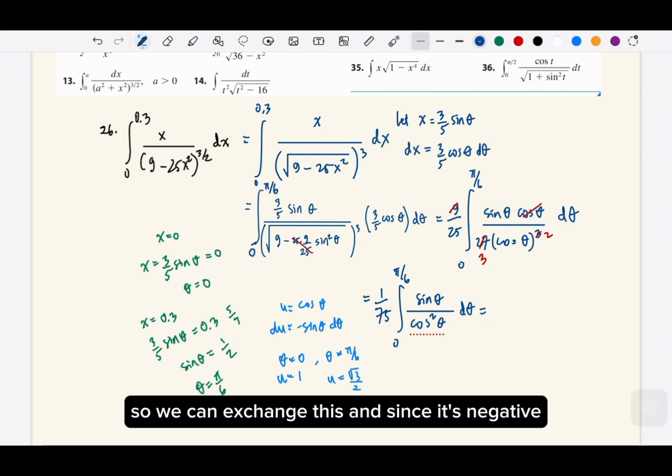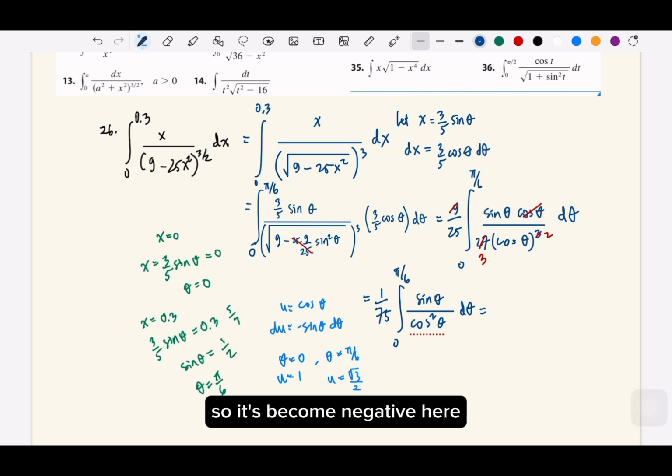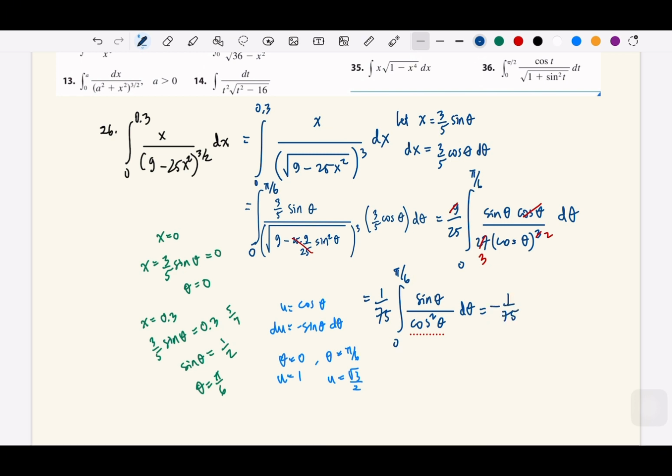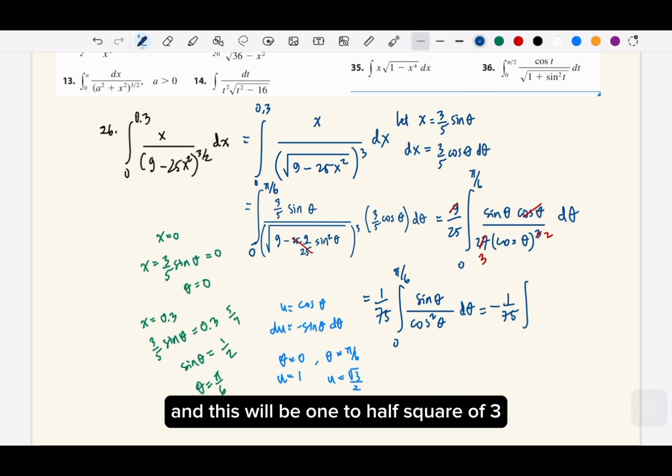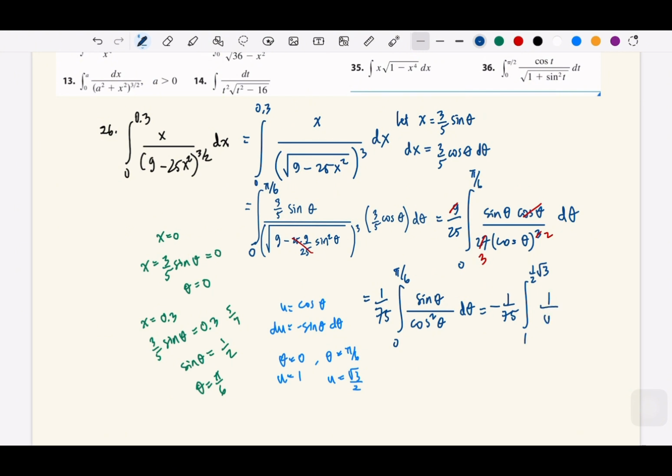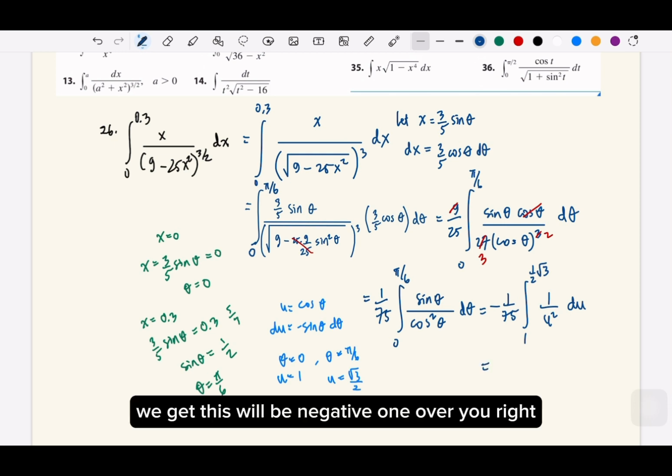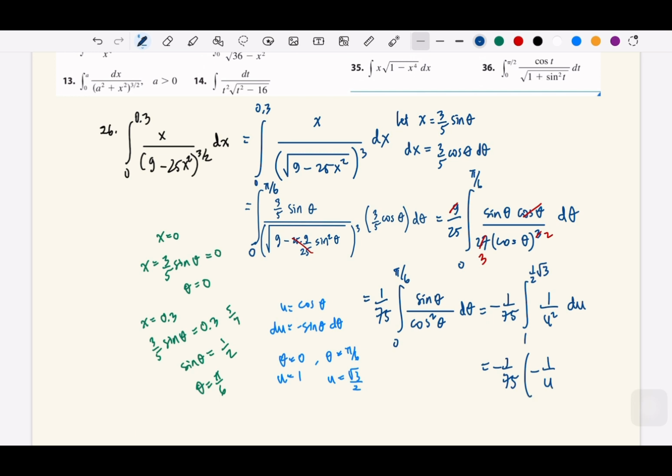So we can exchange this, and since it's negative, it becomes negative here, and this will be 1 to half square root of 3. And the sine will be cancelled. This will be u. So I will change all into u. So integrating, we get negative 1 over u, right?